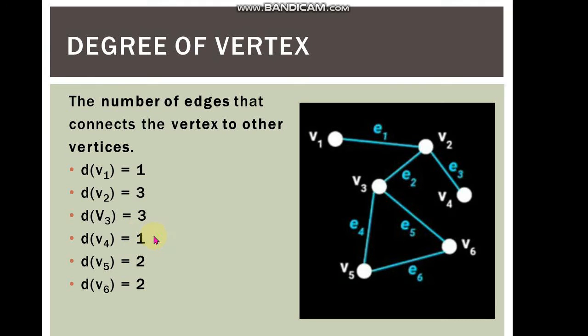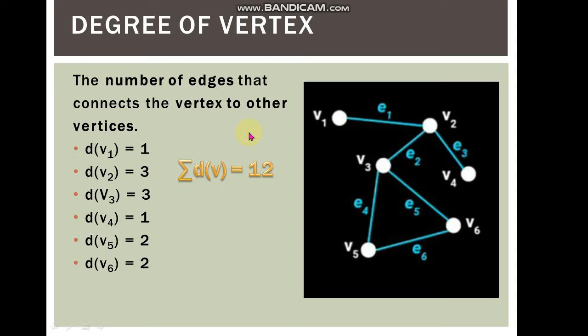Degree of vertex 4 equal to 1, which is just one edge, E3. Degree of vertex 5 equal to 2, which is E4 and E6. And degree of vertex 6 also equal to 2, which is E5 and E6.